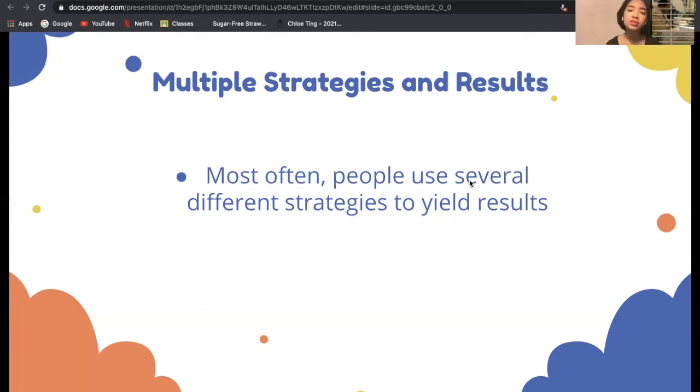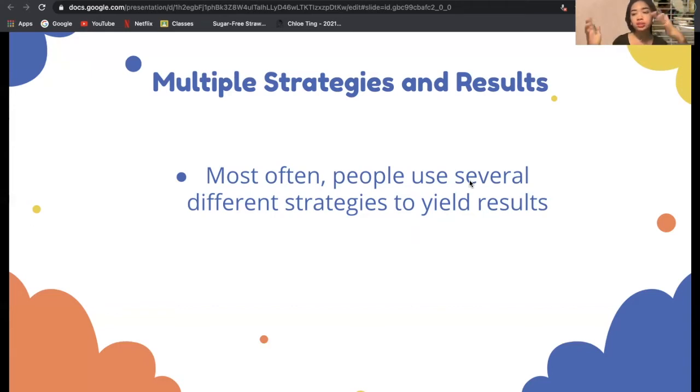Multiple strategies and results. This is talking about how most people use several different strategies to yield results. If you just use one strategy, it's not very varied and you can't actually pinpoint if it's the truth or not.